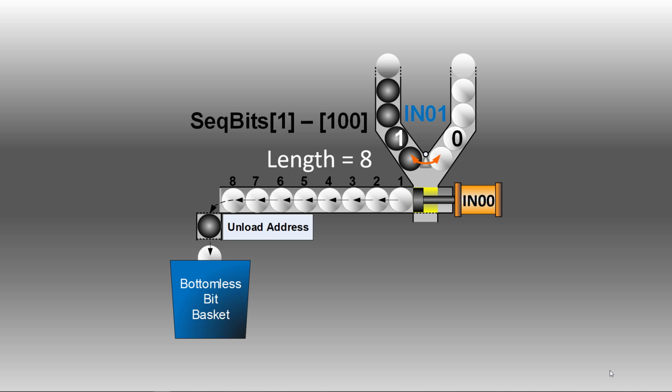And our actual array is 1 through 100. So we have 100 inches of virtual conveyor. In other words, we have 96 inches of conveyor, and we have 100 bits, 100 booleans.